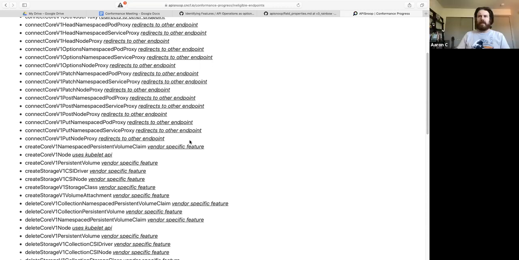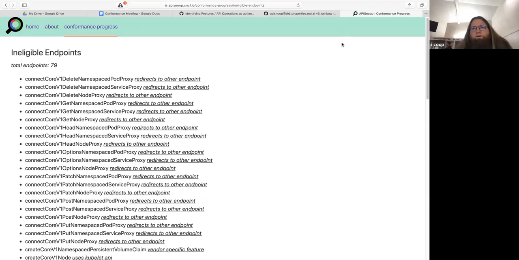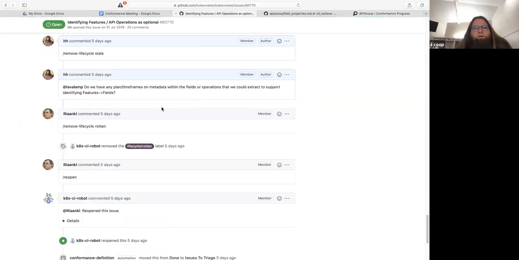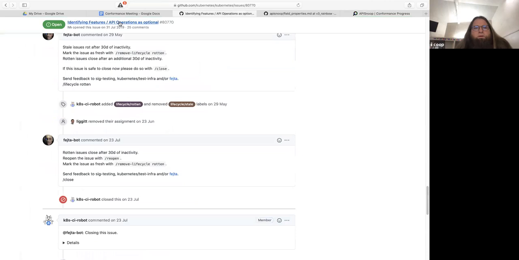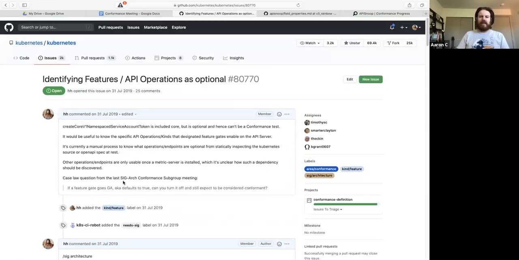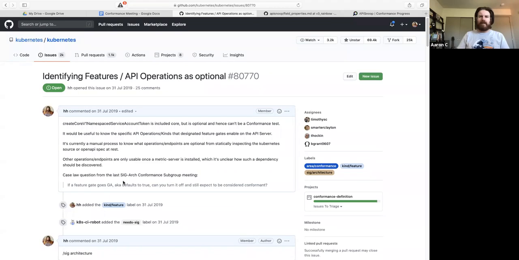Maybe I'm wrong. The issue that we're linking to around here is around fields. Oh, let me go back. You're saying API operations as well. Okay. Yeah, feature flags that enable and disable operations.